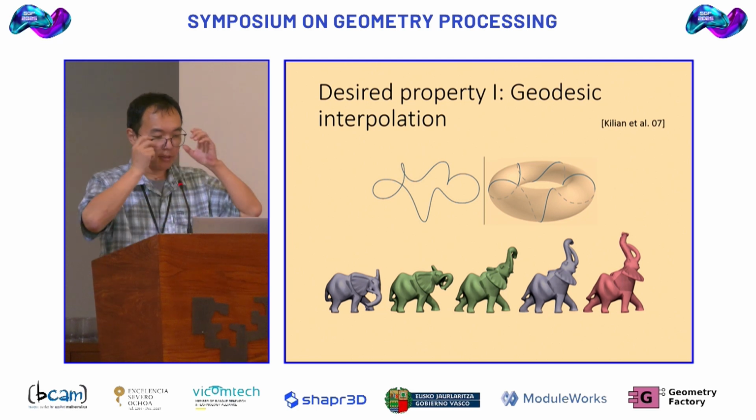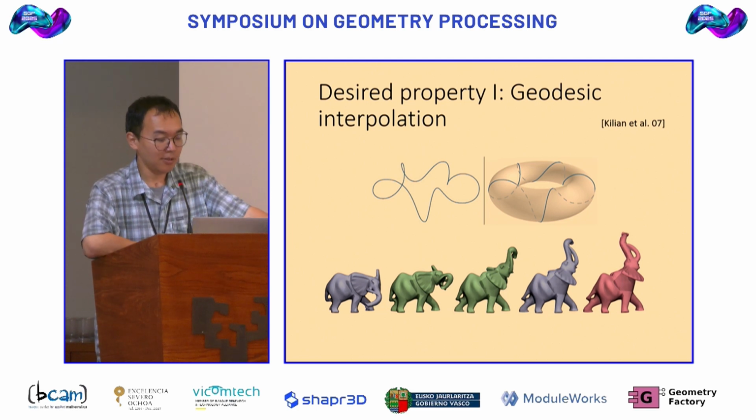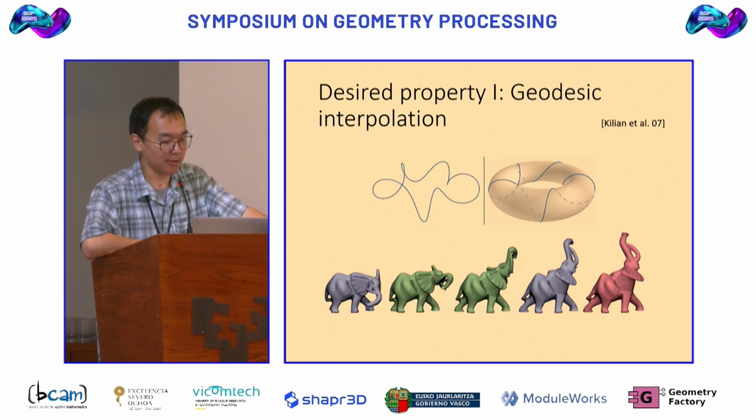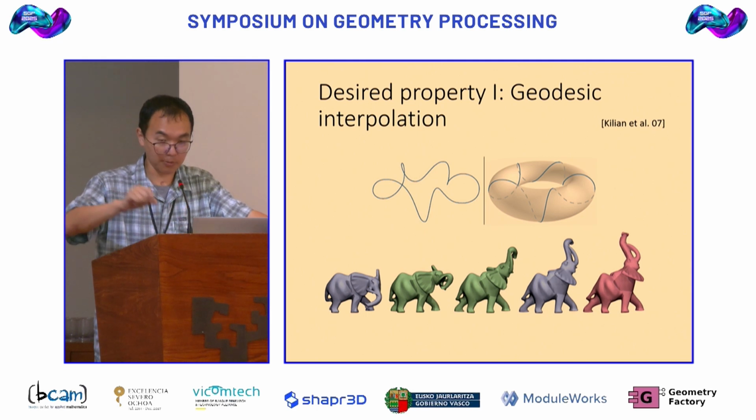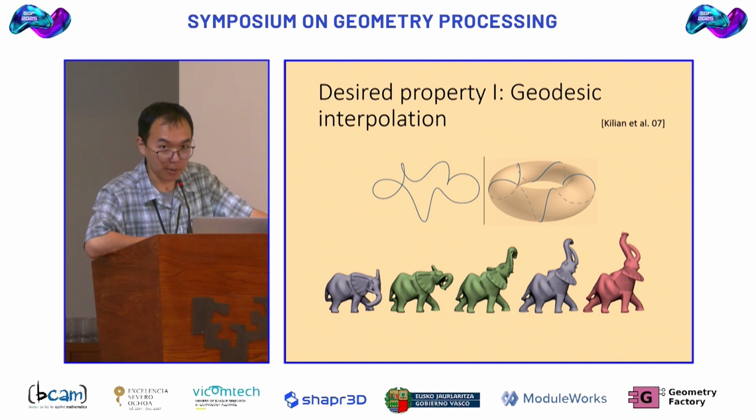In fact, if you read any shape space paper in differential geometry in the shape space community, they all have one application: how to compute the geodesic interpolation between two shapes. The geodesic interpolations will give you the most pleasing and the least distortion interpolation.